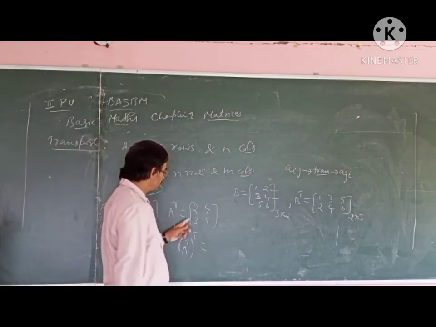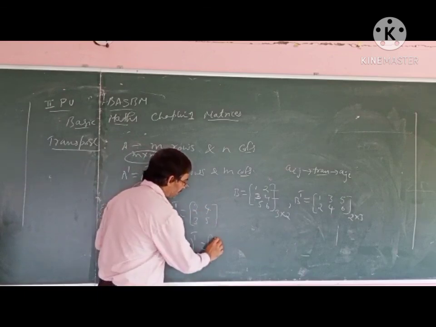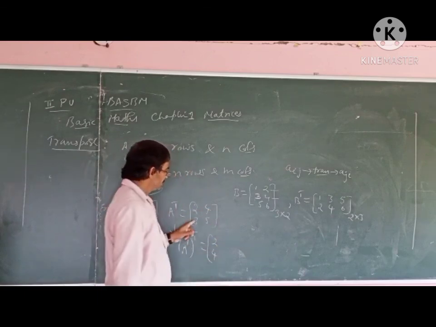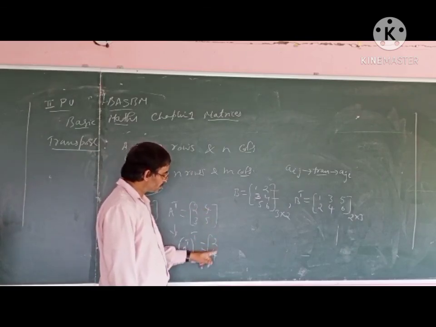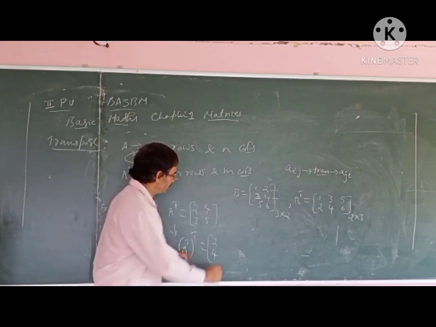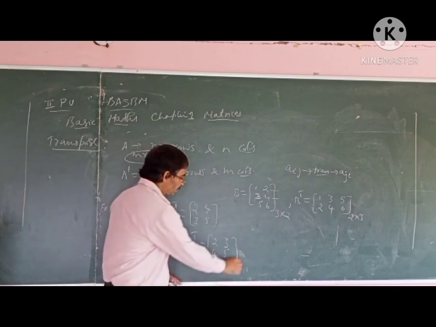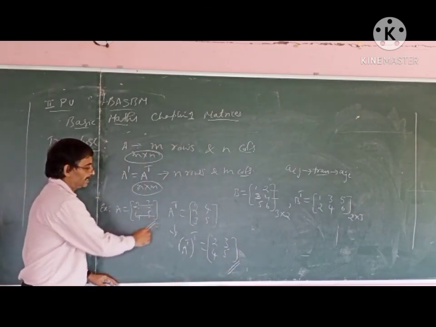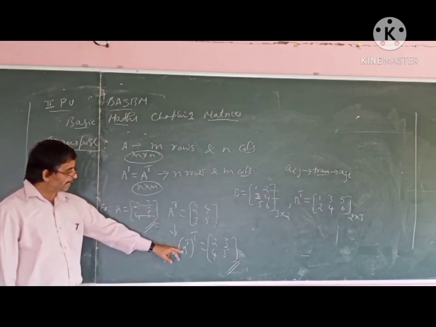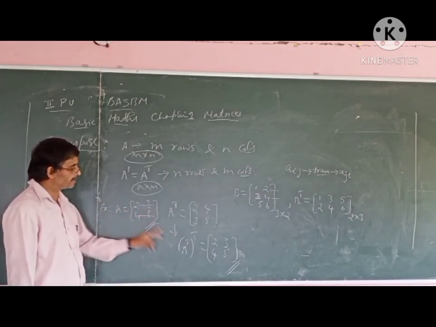This is equal to, observe, this one 2, 4 is a row, so that should be written as the first column. 3, 5 will become the second column. Now observe that 2, 3, 4, 5 here, 2, 3, 4, 5 here. That means A transpose of transpose equals A. Both are one and the same.